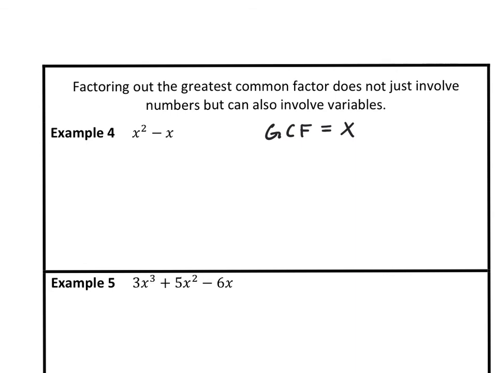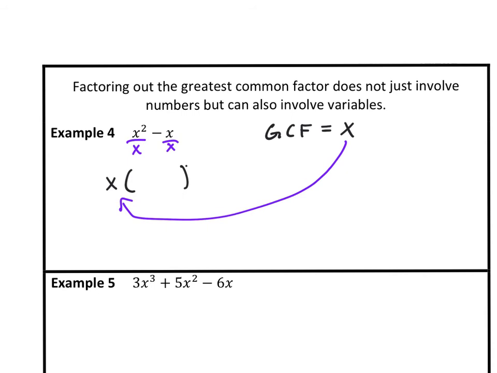So we're going to write the GCF, this GCF, we're going to put it in the front of the parentheses, and then we're going to divide by the GCF. Okay, so the first thing is, what's x squared divided by x?